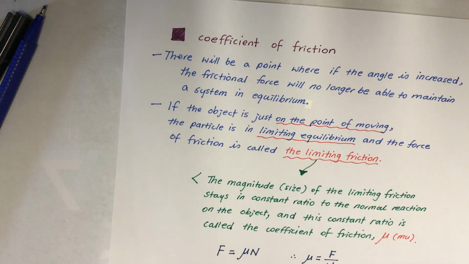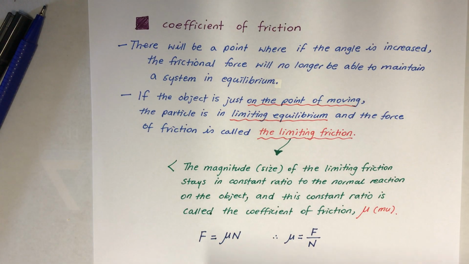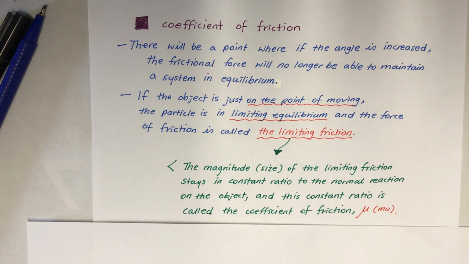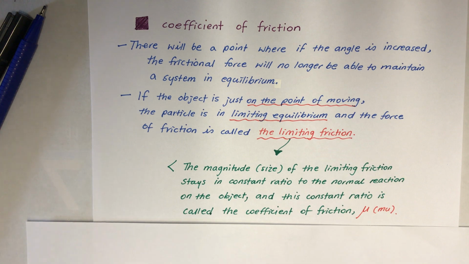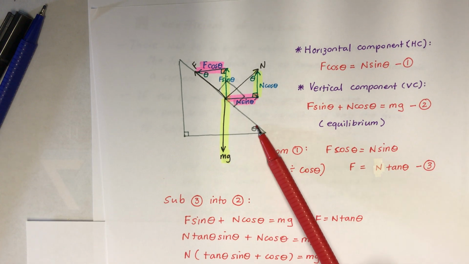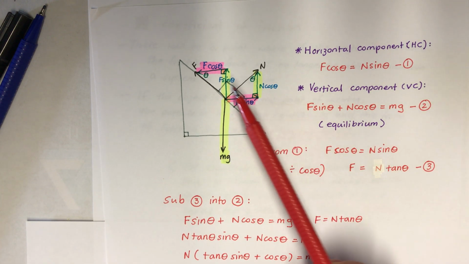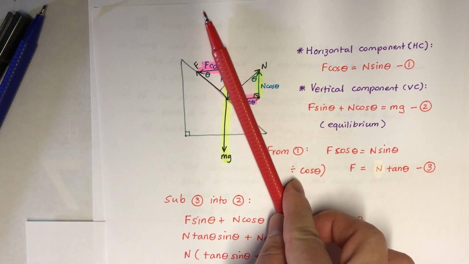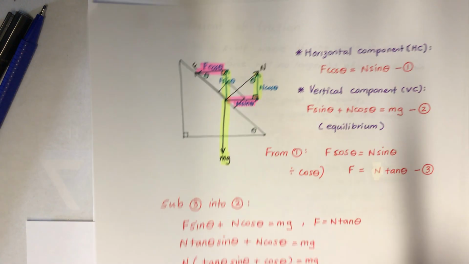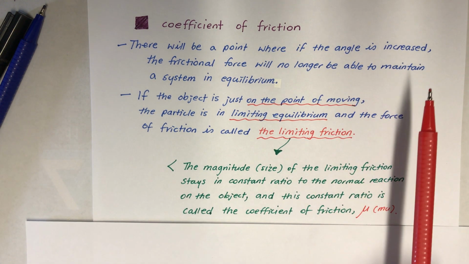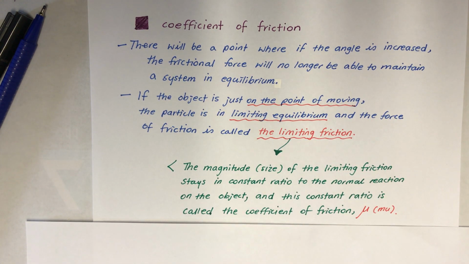Now another one is the coefficient of friction. Okay, so let's have a look. There will be a point where, if the angle is increased, using this diagram, it gets bigger and bigger and bigger, so the slope will be sharp, wouldn't it? Keep going like this, and the object will no longer be able to maintain a system in equilibrium.